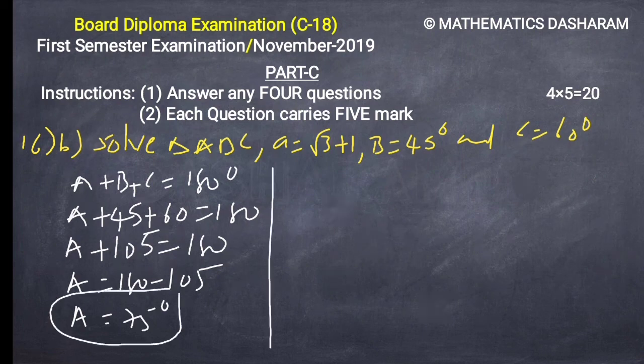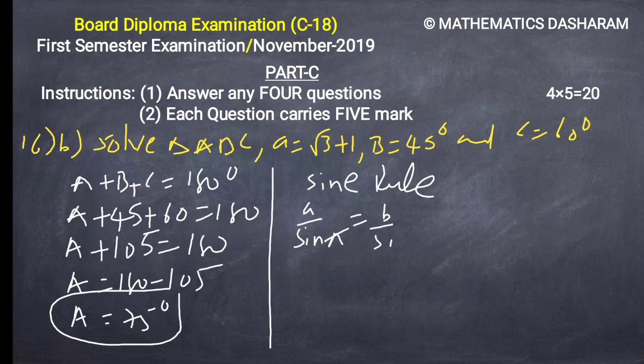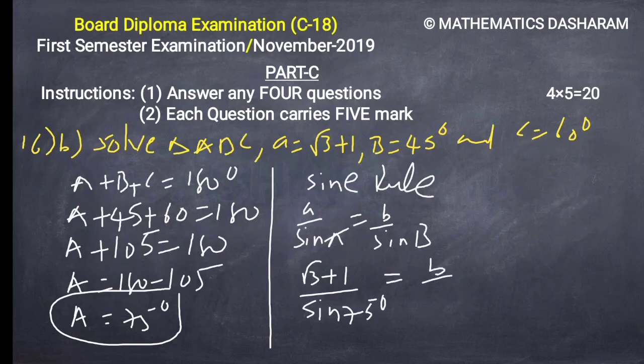So next, one side is given, we need to find out the two more sides. For that I am using the sine rule. In the sine rule, a by sine A equals b by sine B. So a value is root 3 plus 1 divided by sine A, A value 75 degrees, it is equal to b by sine B, B value is 45 degrees.